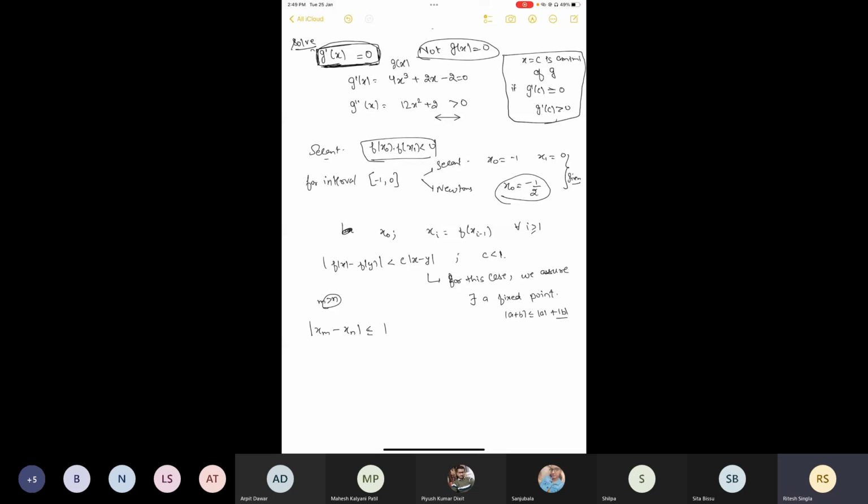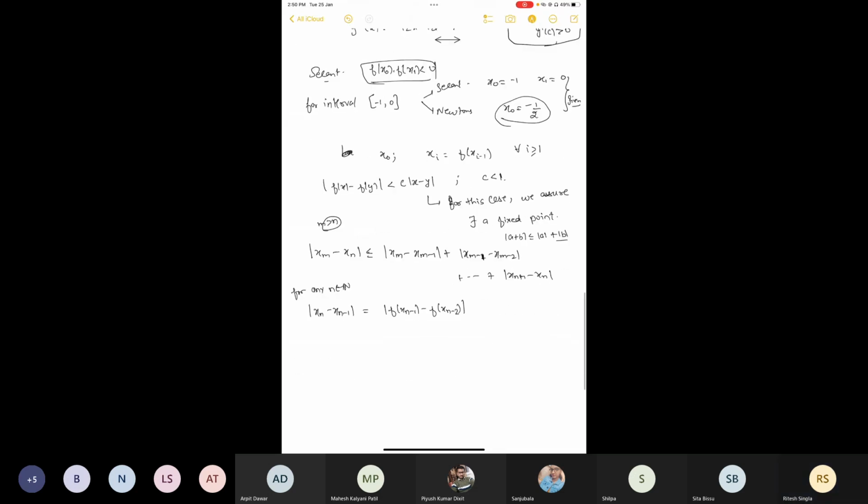So see, x_m minus x_n, what you can do is, equal to x_m minus x_{m-1} plus x_{m-1} minus x_{m-2}, and so on, up to x_{n+1} minus x_n, right? Yes, sir. So for any n belonging to N, |x_n - x_{n-1}| is nothing but |f(x_{n-1}) - f(x_{n-2})|.